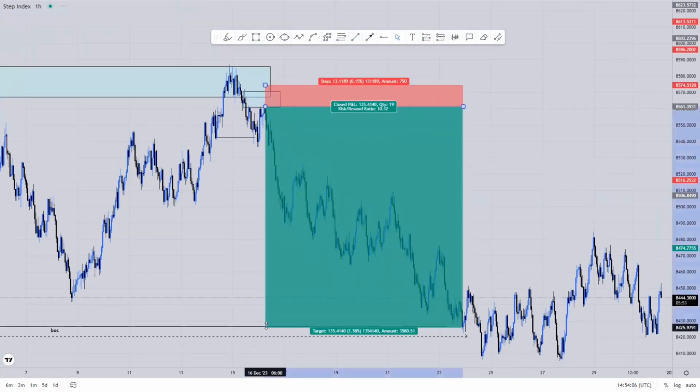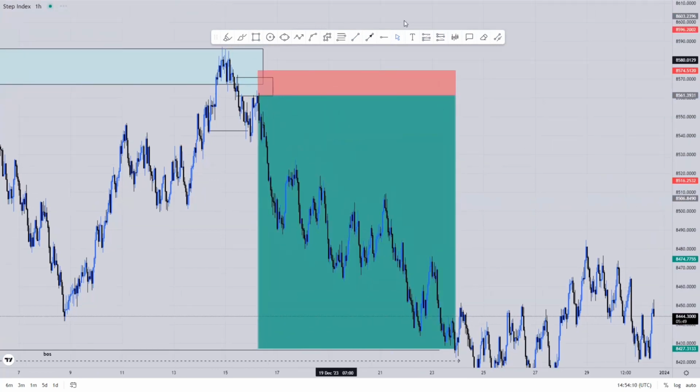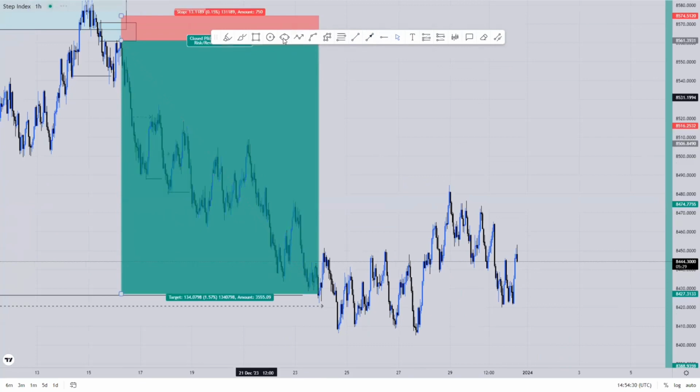So even as it was coming down like that, there were so many other opportunities packed inside here, simply following our simple rules: collecting adjustment, then the break of structure. Collecting adjustment, then the break of structure, like this, right?